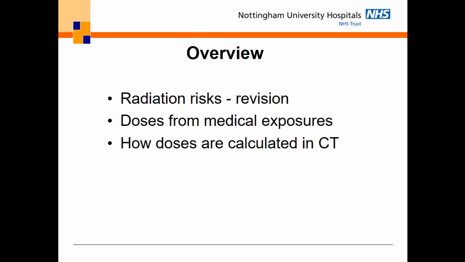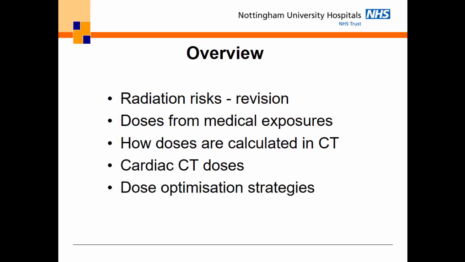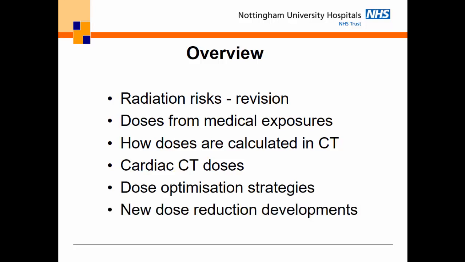An explanation of how doses are calculated in CT, because it isn't perhaps quite so straightforward as some of the other modalities or uses of radiation in medicine. Some cardiac CT doses, that's pretty obvious, I guess, from the title of the talk. And some optimization strategies, how you need to think about optimizing your radiation doses, and particularly using the new dose reduction techniques that are available to you.